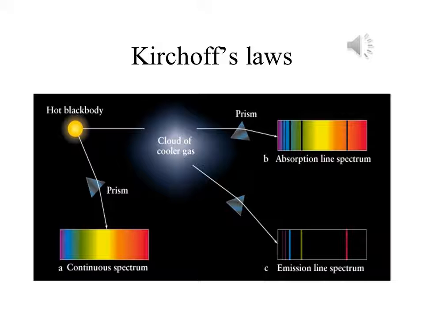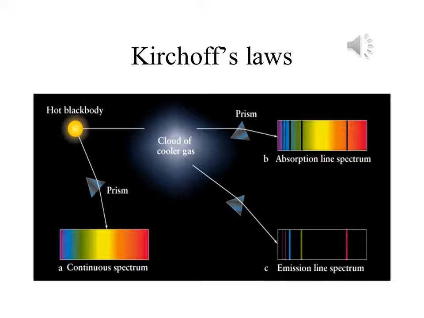If we put a cloud of cooler gas along the way, then we would get a spectrum with bites in it. And if we look at the cloud and hide the hot black body source, we will get an emission spectrum, which is just the actual colors that are completely discontinuous.